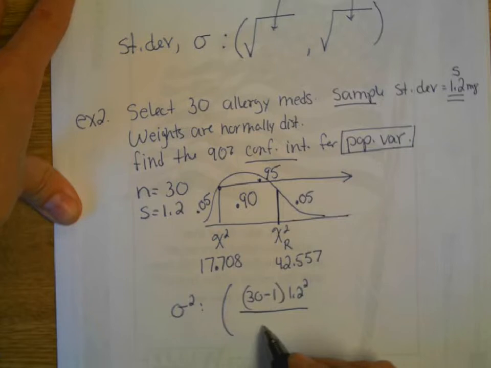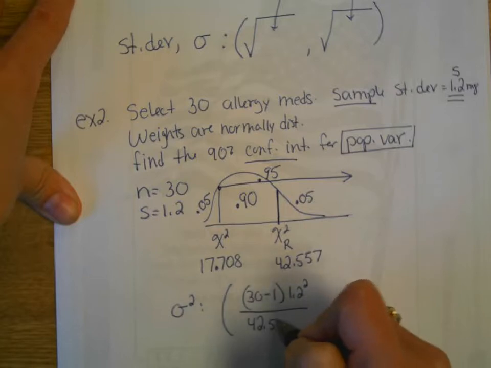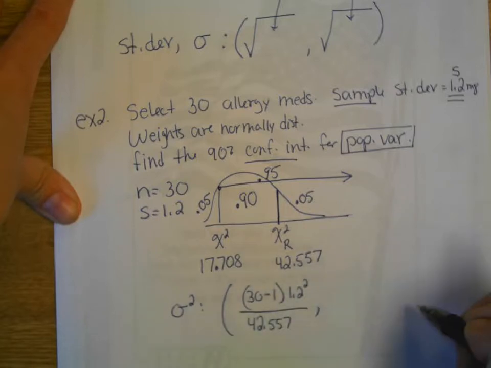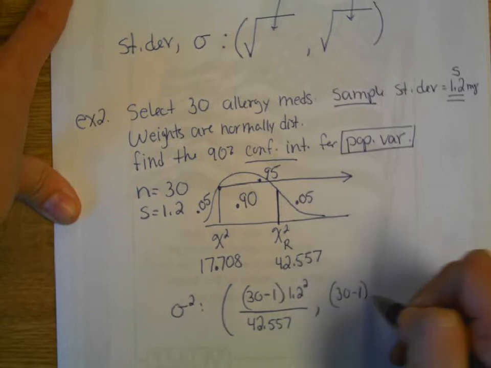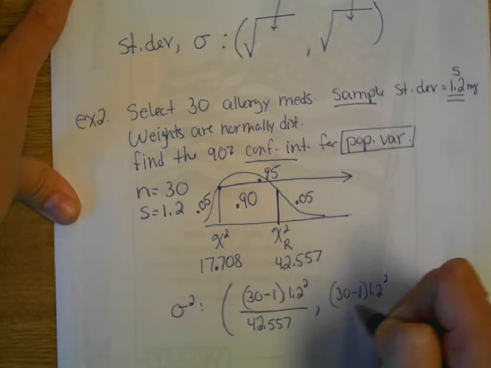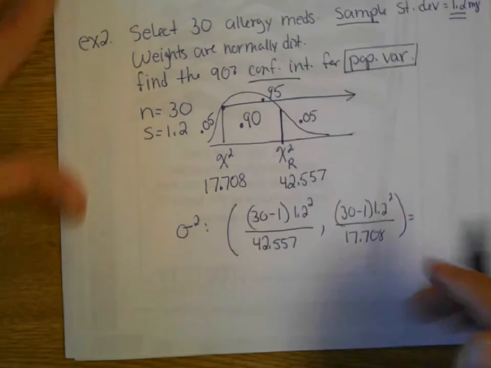What number's going underneath this first fraction? The 42. The bigger one goes under here. And then 30 minus 1, 1.2 squared, the top's the same, and now we divide by that 17.708. And we get those two answers.